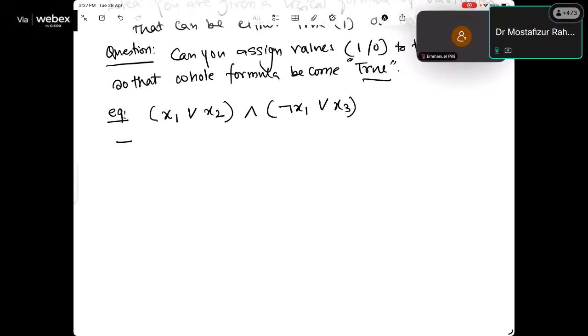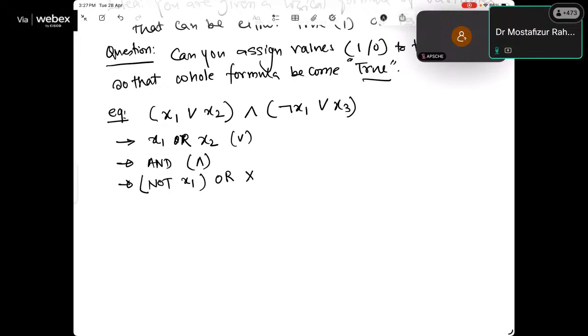There are three parts. First is x1 or x2, the OR notation. Then we have the AND notation between the two clauses. Then we have not x1 or x3, where not is written like this.